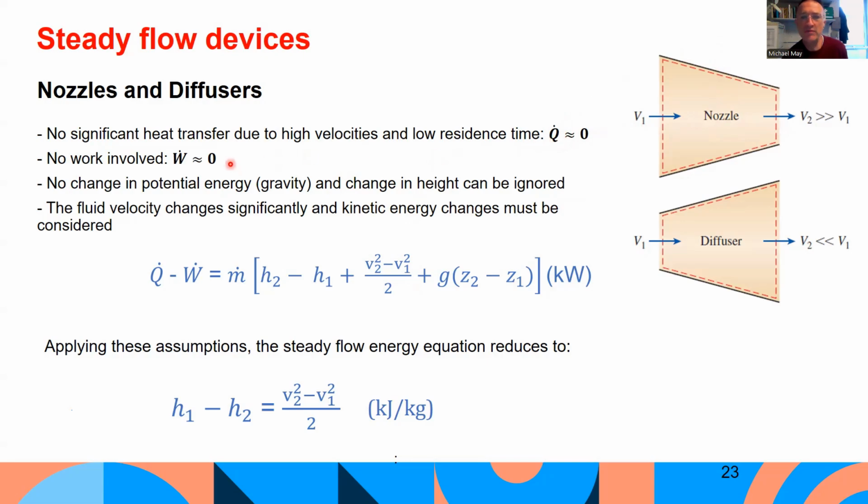There's no work involved in these processes because there's no moving parts. There's no change in potential energy because there's no significant height from the inlet to the outlet. And so the steady flow energy equation reduces down to the change in enthalpy equals the change in kinetic energy. And remember, the component of enthalpy is pressure. So basically, there's a change in pressure and there's a change in velocity, which we would expect.